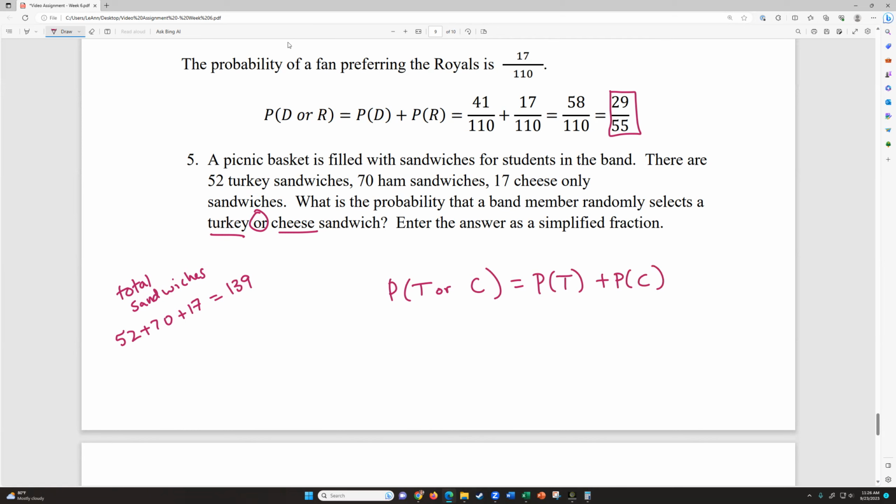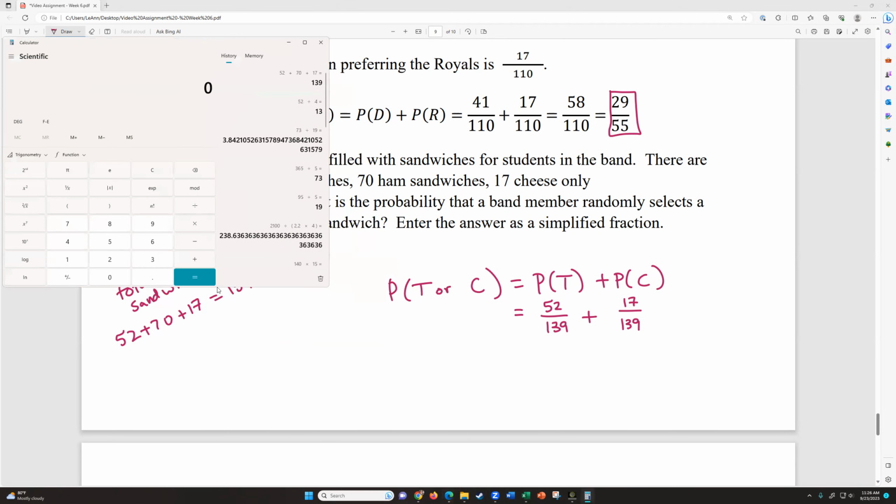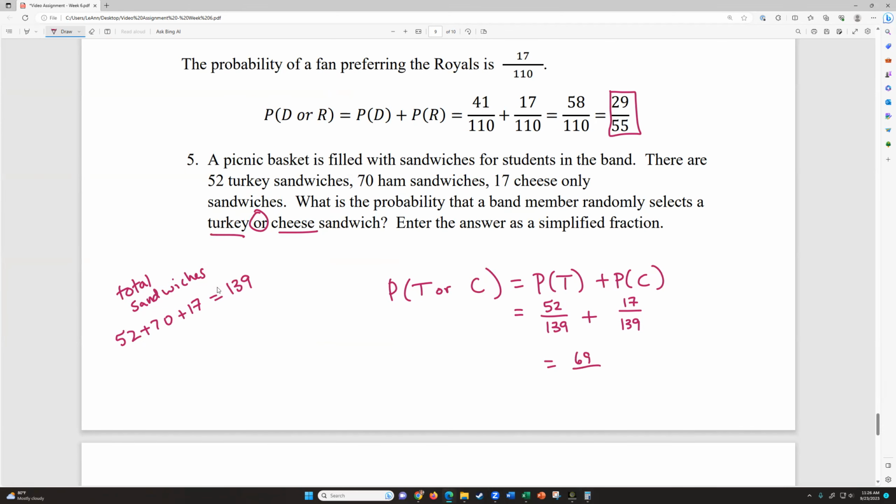You're either this type of sandwich or this one. You're not both at the same time. So there were 52 turkey sandwiches out of the 139, plus there were 17 cheese-only sandwiches out of the 139. We add our numerators, so 52 plus 17 is 69 out of 139.